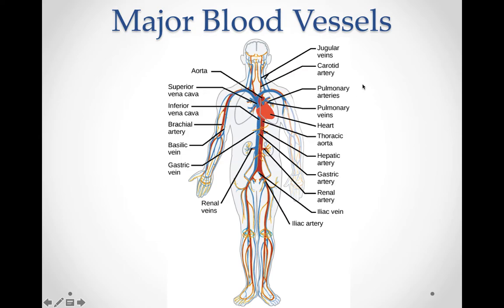So pulmonary arteries are bringing blood to the lungs. Pulmonary veins are bringing blood back from the lungs. Let's see what else. Brachial means arms. Renal means the kidneys. Gastric, we're bringing blood to our digestive system. So there's lots of really important ones.